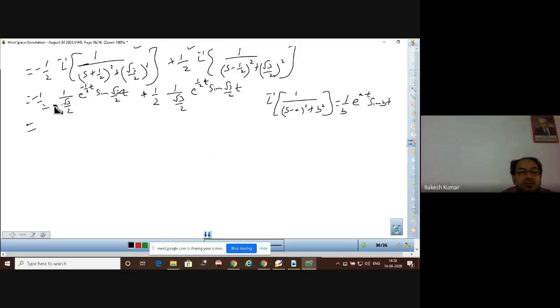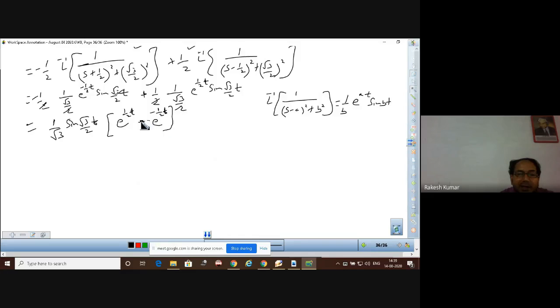We just see the 2 can be cancelled with this if you take it in the numerator, and it comes out to be 1 by root 3 common. Sine of root 3 by 2 t is also common, and inside is e raised to power 1 by 2 t minus e raised to power minus 1 by 2 t.